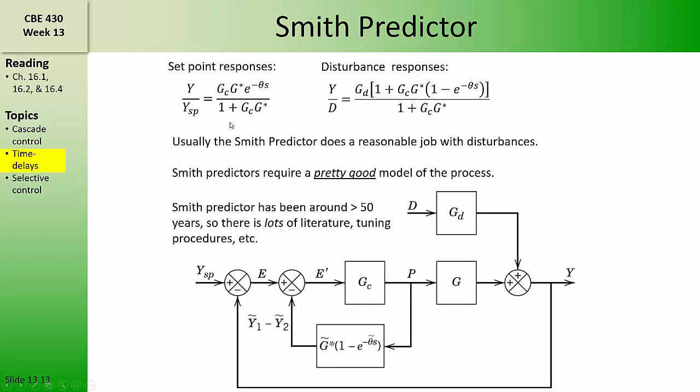The servo and regulator transfer functions for a feedback control loop tuned using a Smith predictor are shown here. Usually the Smith predictor does a reasonably good job with disturbances as well as set point changes.